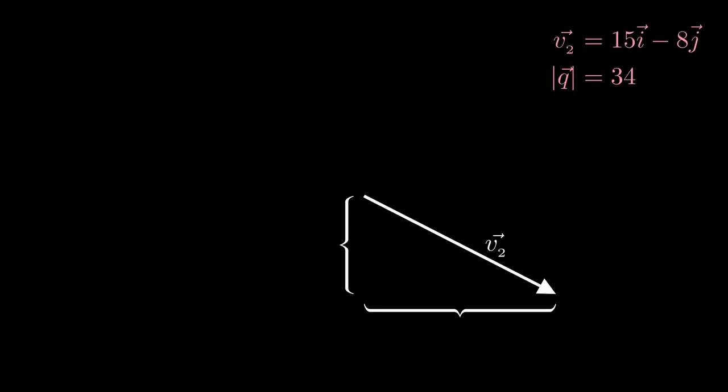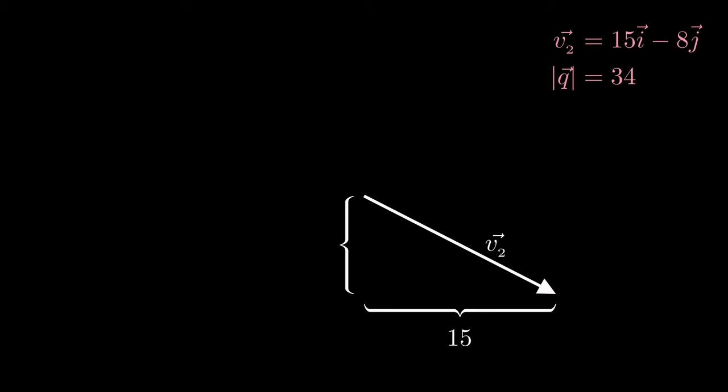Okay, we're going to do that same exact thing again. You give us another vector. Here it is. Okay, first let's look at the legs. We can think of it as a triangle.